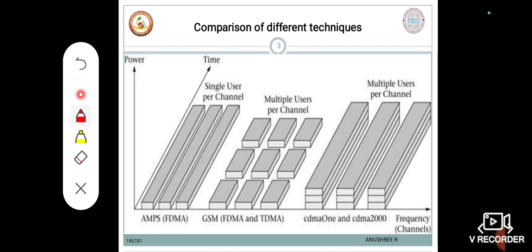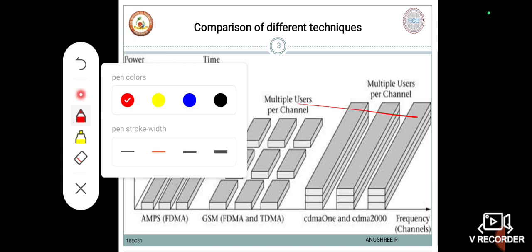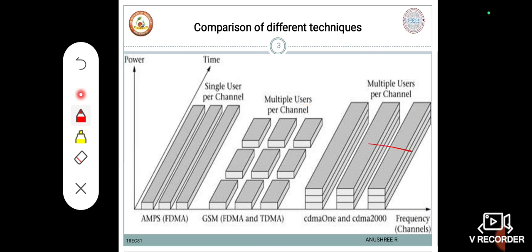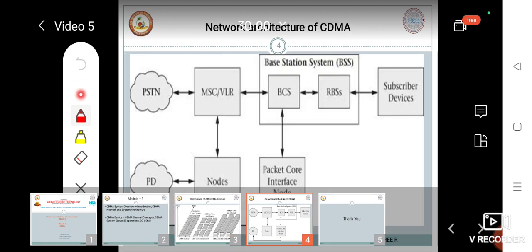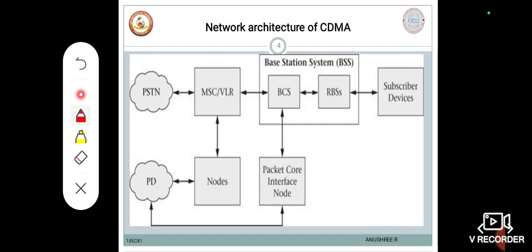Next, the CDMA network and system architecture. In this, we can see the network and system architecture of CDMA.